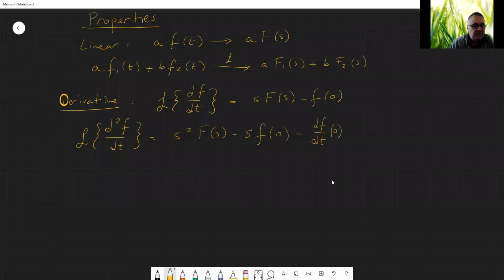So these are the initial values of that function. You have to subtract them from the function.